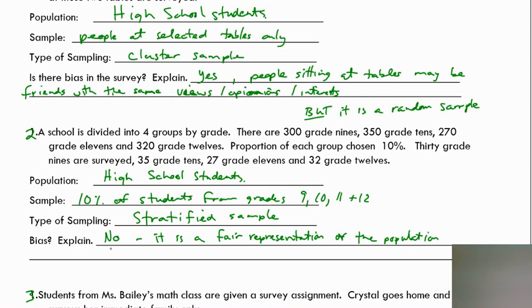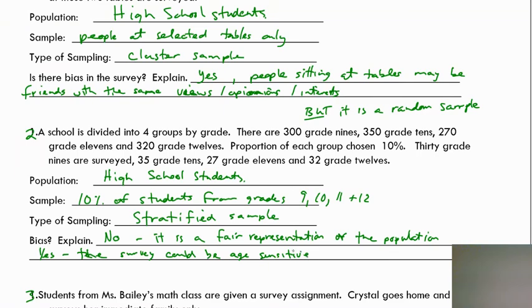Now, that's the argument for no. You could argue that yes, there is. We can make a case for both. The survey could be age sensitive.